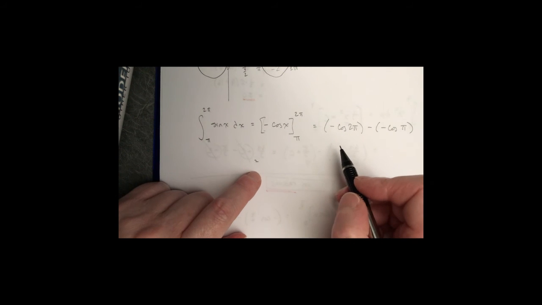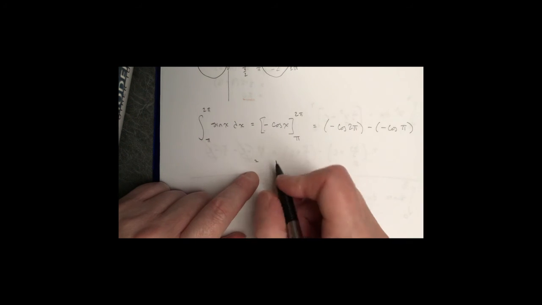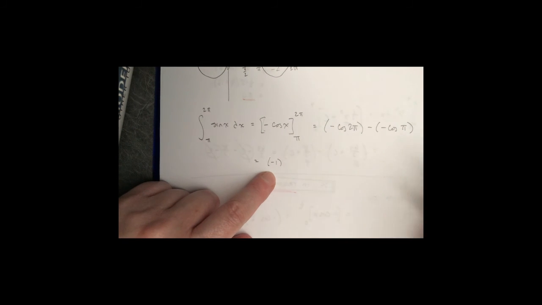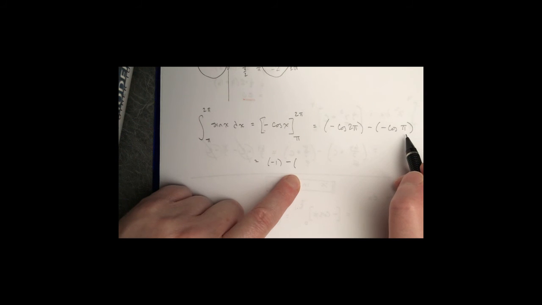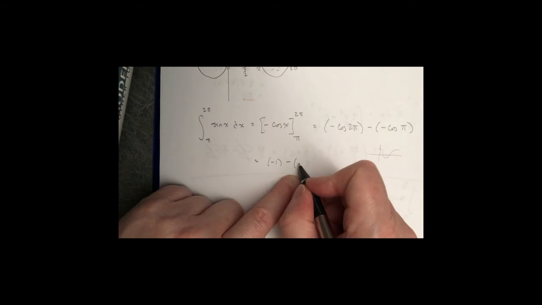Okay. The cosine of 2 pi is 1, so I've got -1 in the first bit. Subtract the cosine of pi. Cosine goes like this. The cosine of pi is -1.